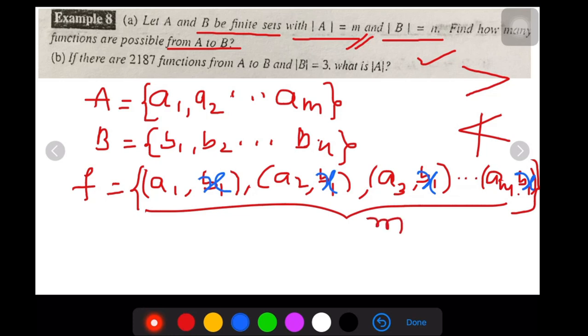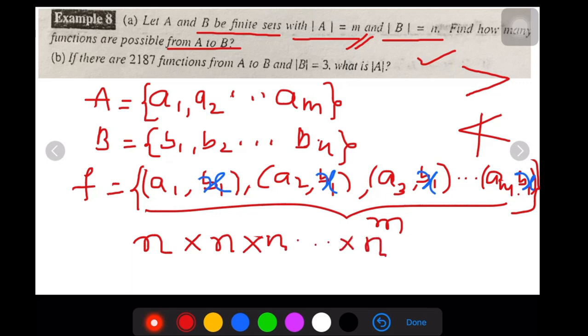I will start writing it. There are m elements, and when I take B1 in place of x, how many possibilities are there? n choices. Similarly, for the second combination, there are again n choices, and so on.